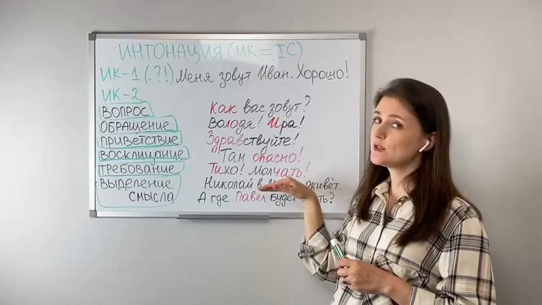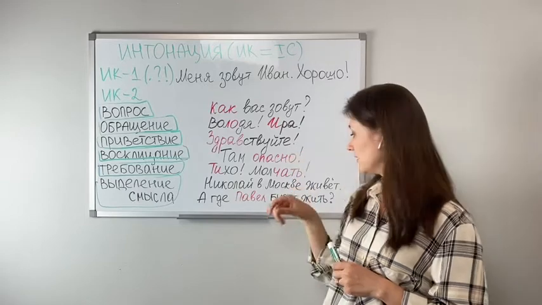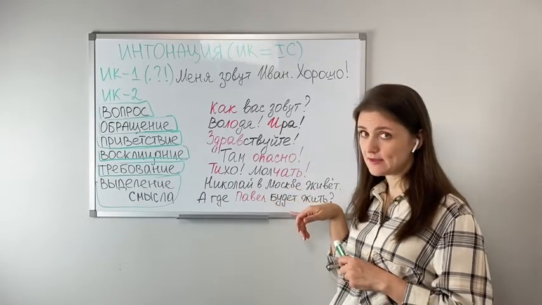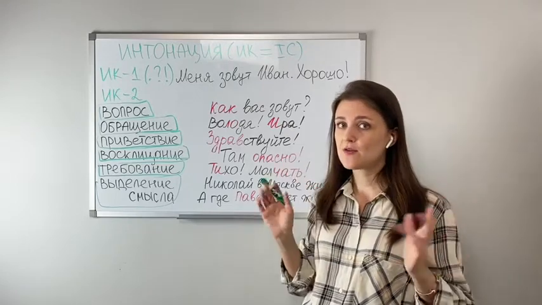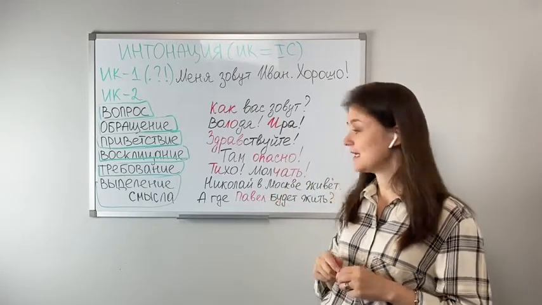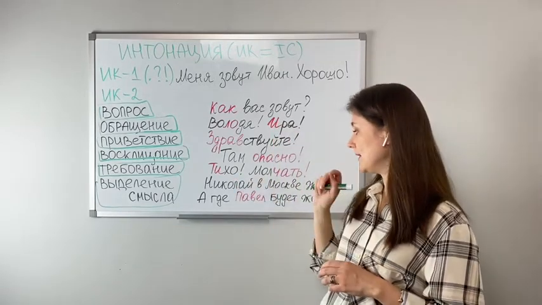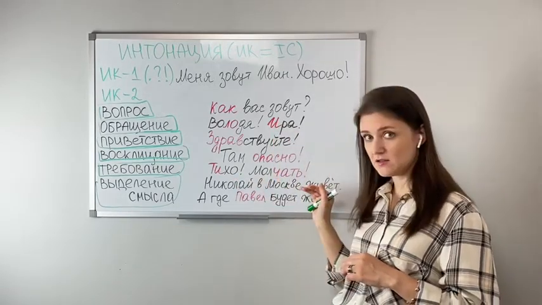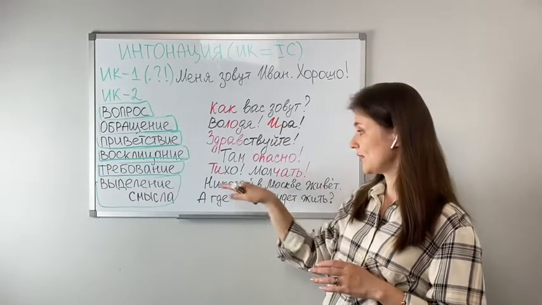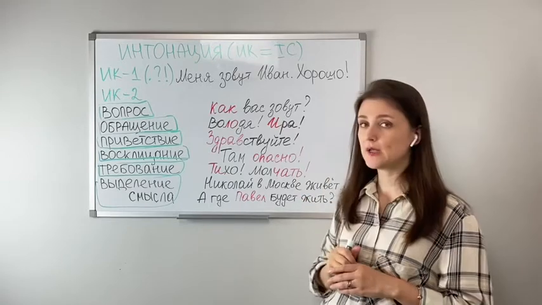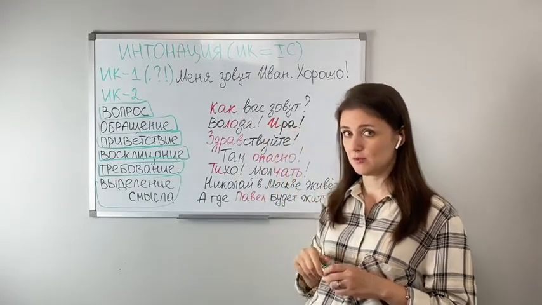Nikolai lives in Moscow, and where will Pavel be living? So we don't care about where he will be living, we care about who, because Николай в Москве, а где Павел? One person is in Moscow and we are interested in where Pavel will be living.